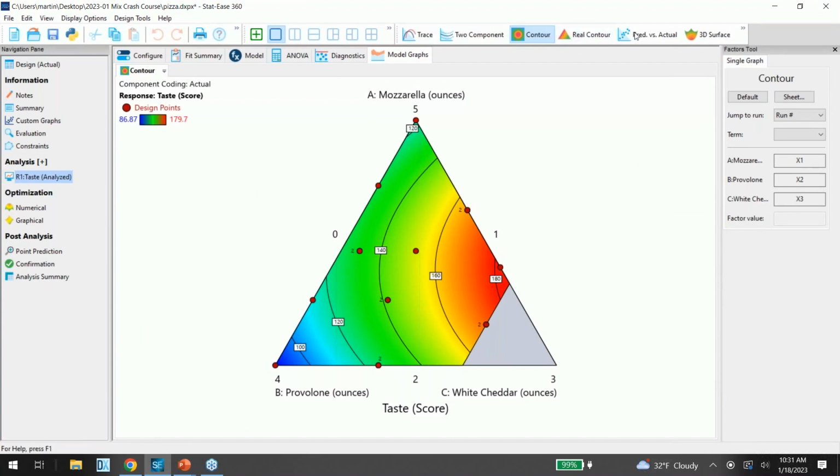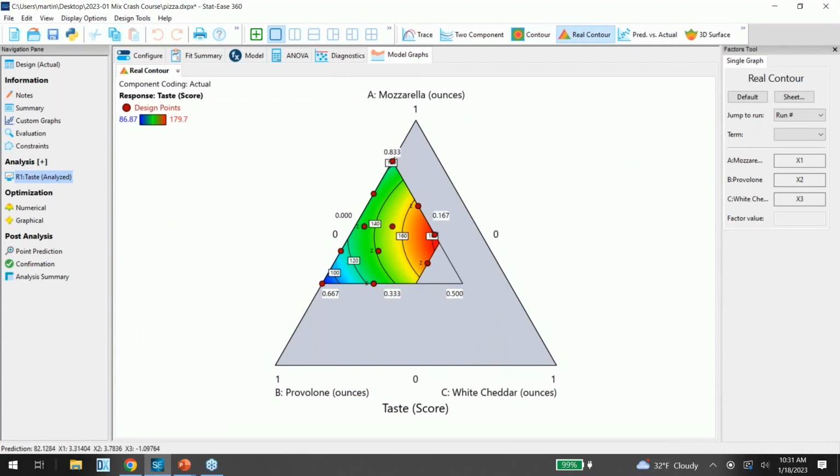If I'm trying to look at where I'm getting the best taste, it's going to be somewhere in this region here. If you look down this way, it looks like it's in the direction of lots of white cheddar.